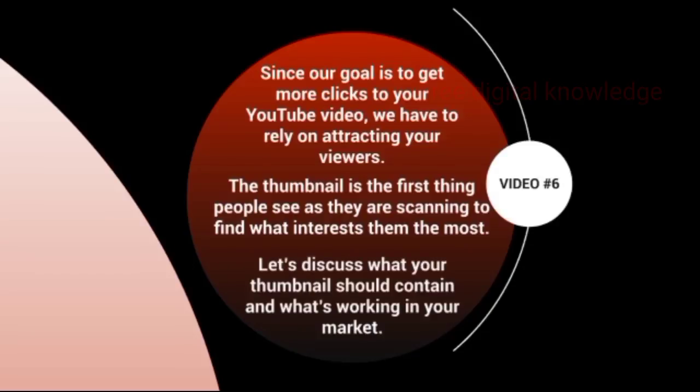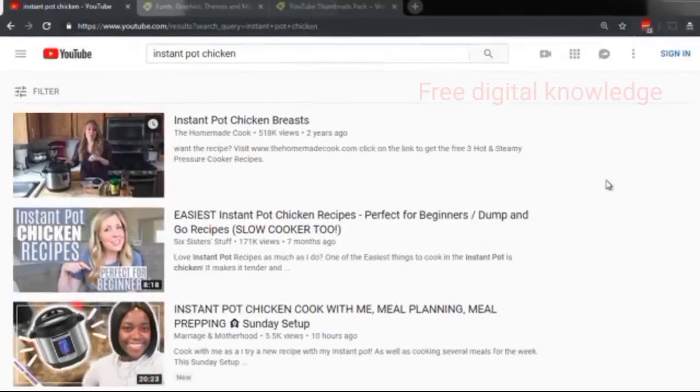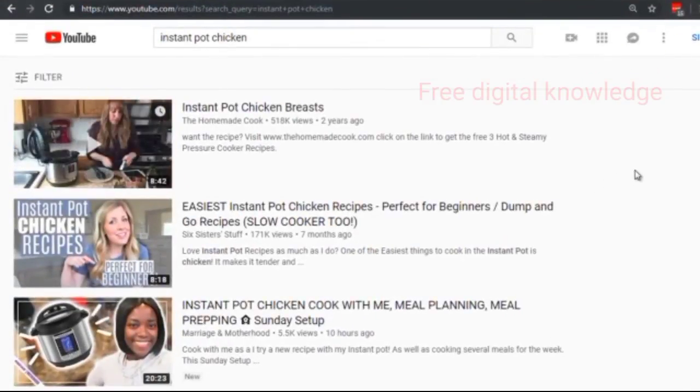So let's discuss what your thumbnail should contain and what's working in your market and how to figure that out. So when it comes to having a thumbnail, you want to make sure that it is eye-catching, meaning it shows somebody what they want.